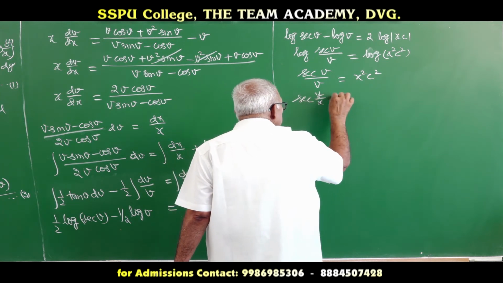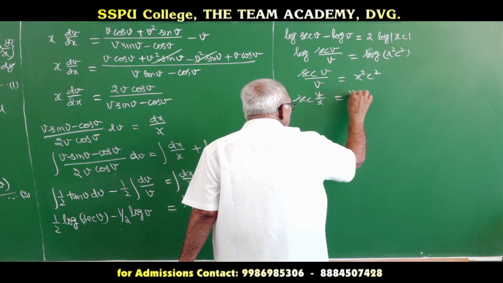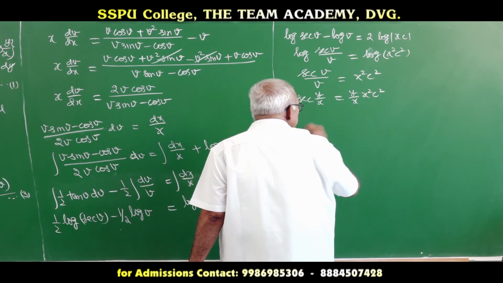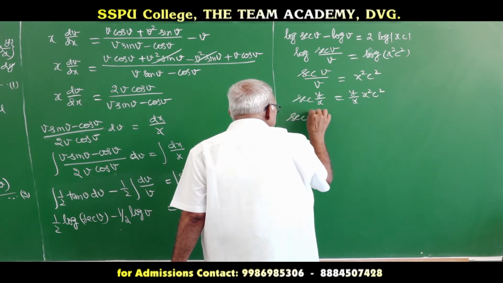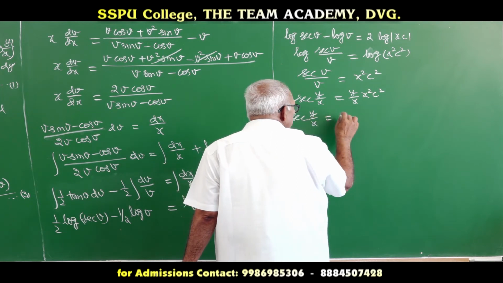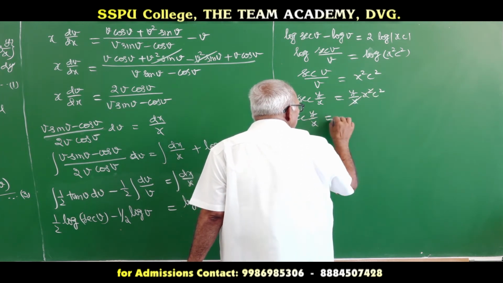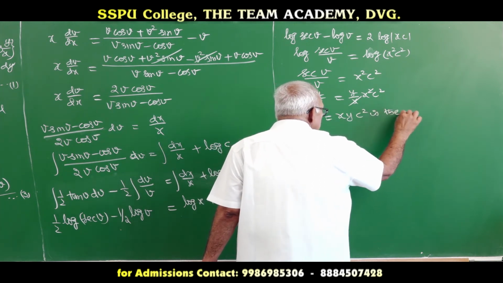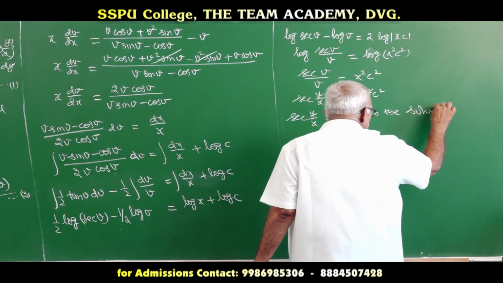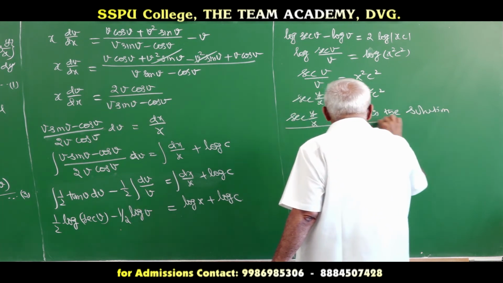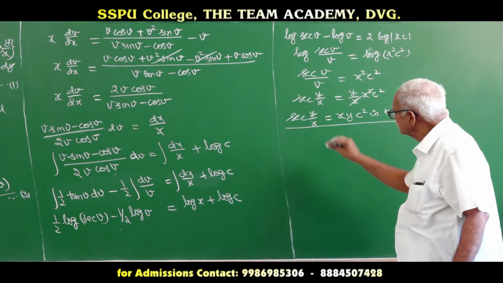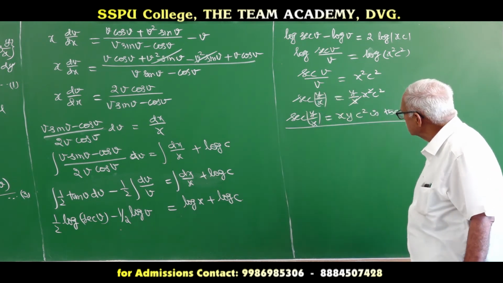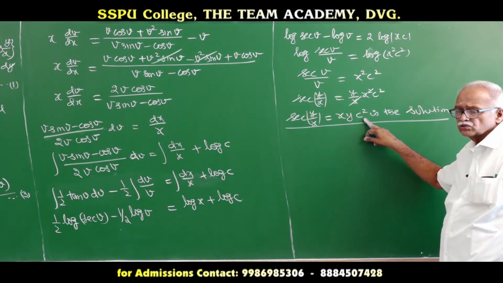Secant y by x is equal to v, if you take it here, x square c. So, secant y by x is equal to xy c square is the solution.